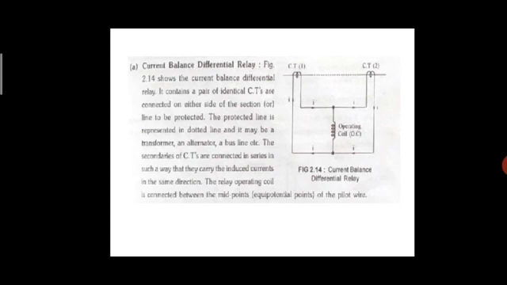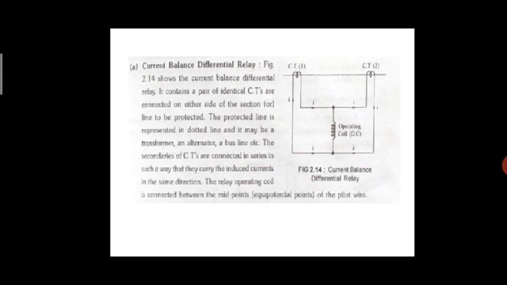The protected line is represented in dotted line, and it may be a transformer, an alternator, a bus line, etc.